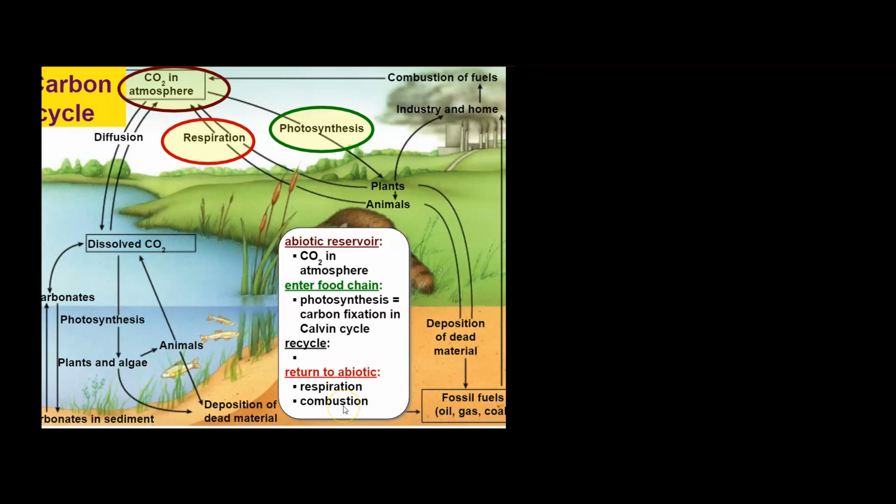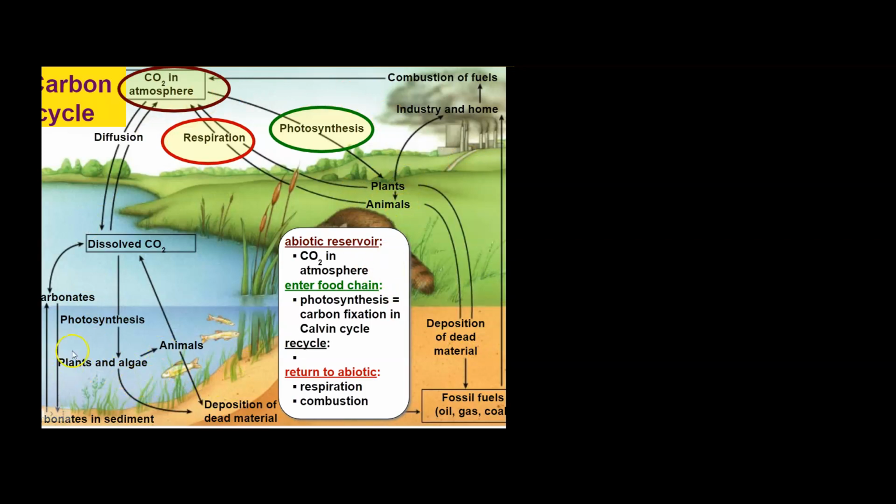So, for example, the burning of firewood releases carbon to the abiotic atmosphere, and to the earth, to the actual soil, when we're talking about burning, or the combustion of fossil fuels, which of course we are very familiar with. So oil, gas, and coal. So you can see some of the other reservoirs. We see living things like plants and animals.